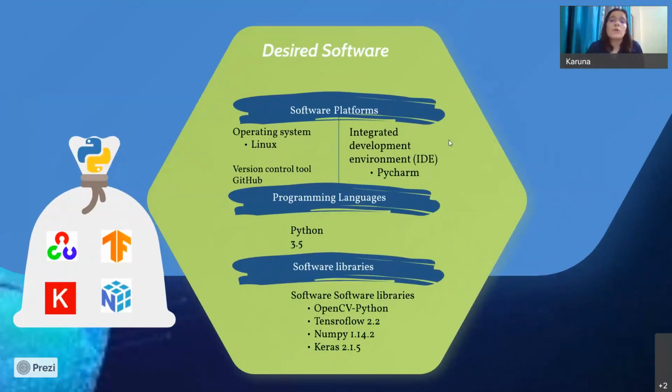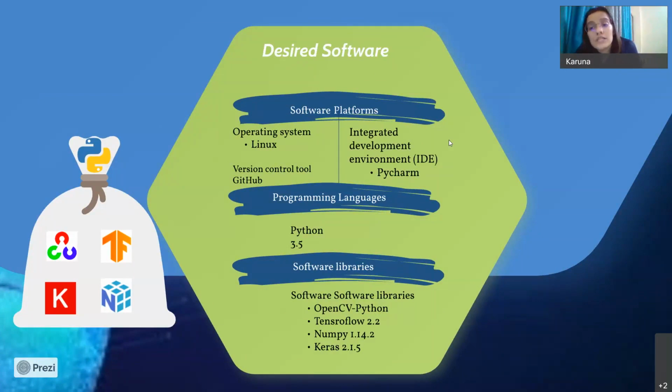This time I'm also letting you know about the software which can potentially be used for generating this deepfake content. And I prefer going with open source. You can use whichever software, whichever operating system you have. Linux is good for training neural networks, so you can have Linux as an operating system. You can use Python 3.5 as a programming language.